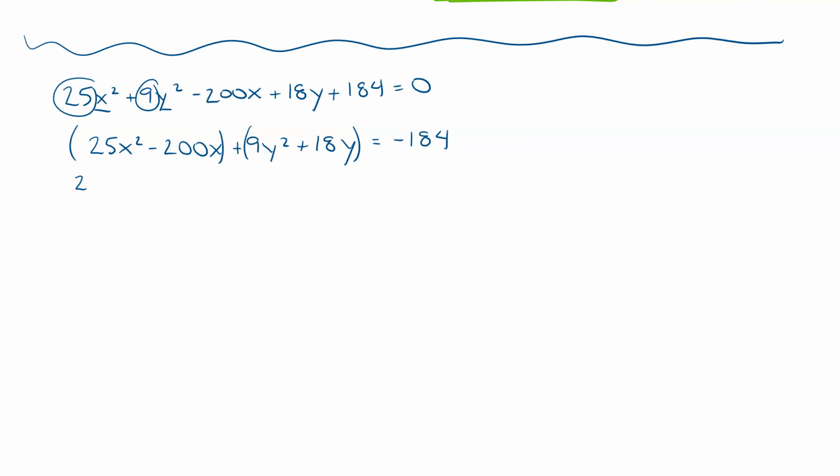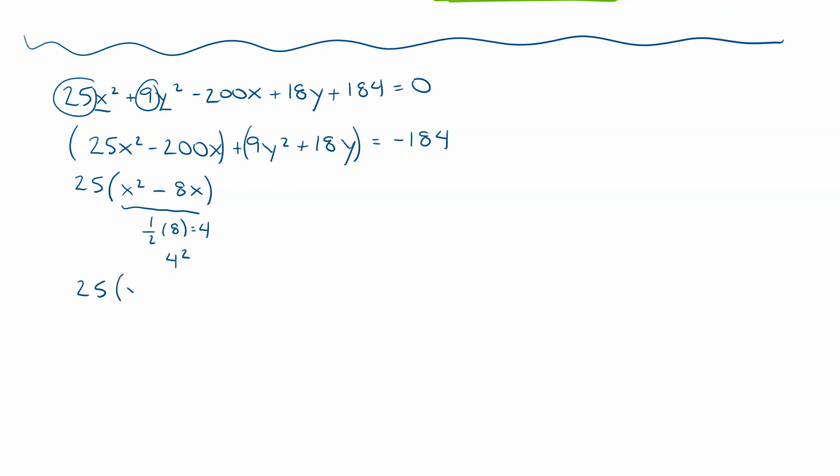So we're going to pull the coefficient out, factor the coefficient out, and then we're going to complete the square on the x's. 1/2 of 8 is 4, square it, add that to both sides.